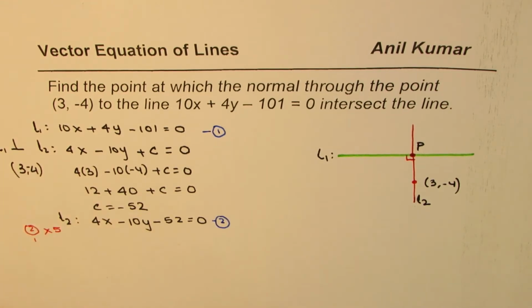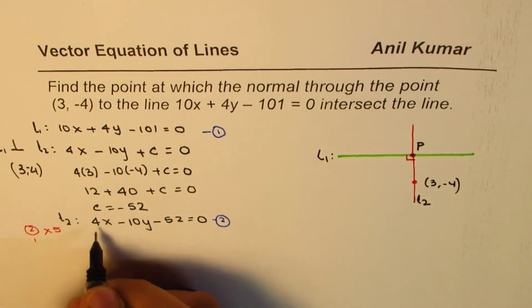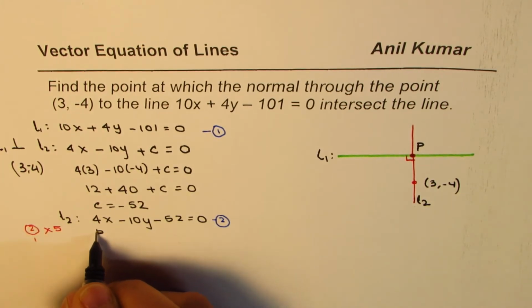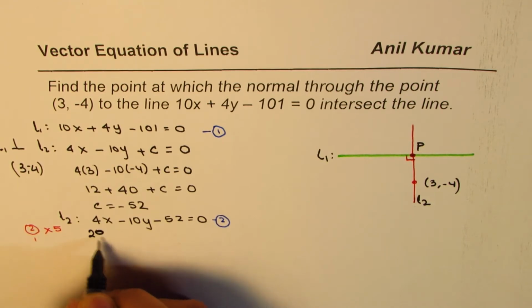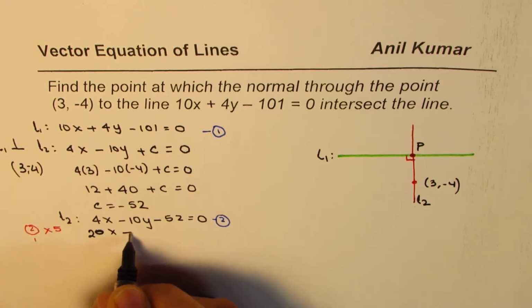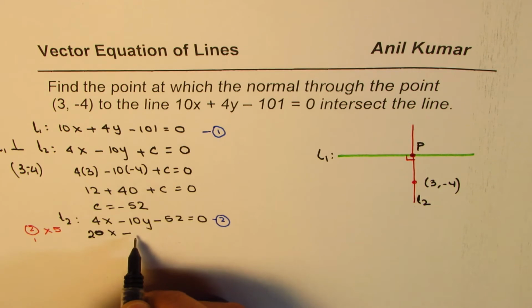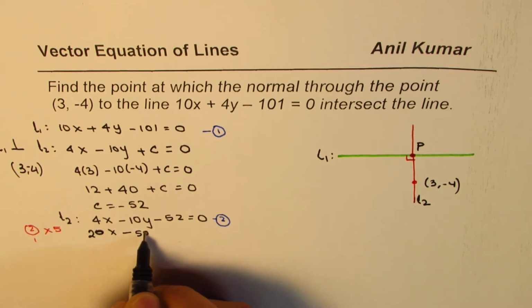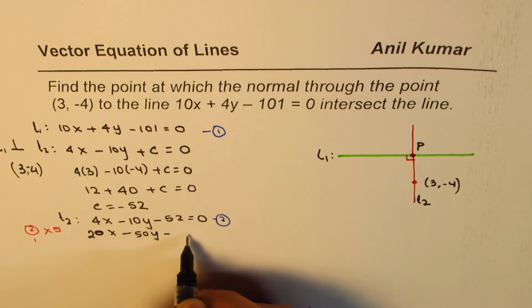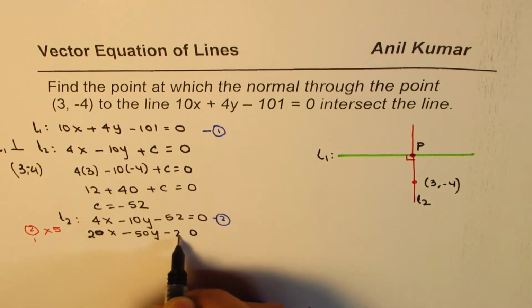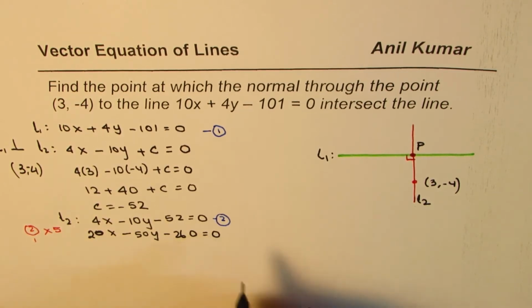If I multiply the second equation by 5, I get 5 times 4 is 20, so 20x - 50y, and 5 times 52 is 260, equals 0. We'll call this equation number 3.